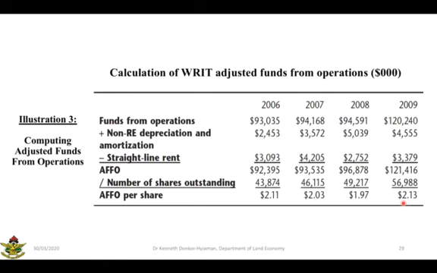For the REIT in 2009, the net adjustment from funds from operations to adjusted funds from operations is positive, and the adjusted funds from operations per share is higher than the funds from operations per share by 2 cents.